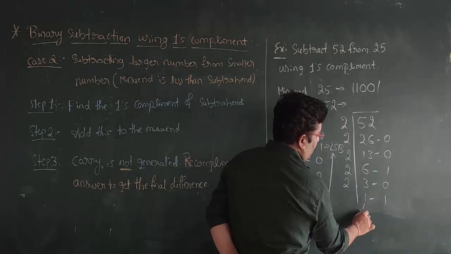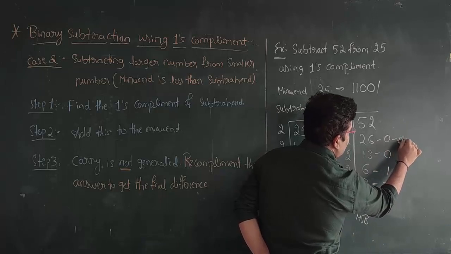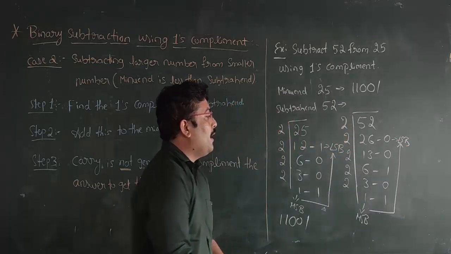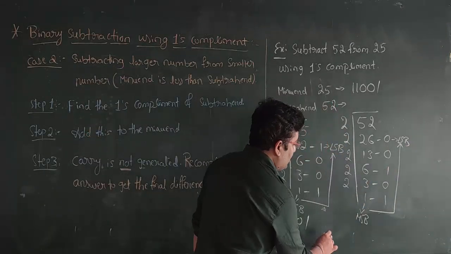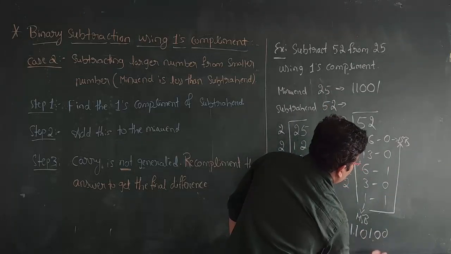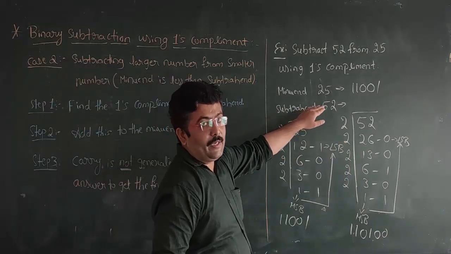This is my MSB and this is my LSB. To write the binary equivalent number, I should write it from MSB to LSB. That is 110100. This is the binary number of 52.